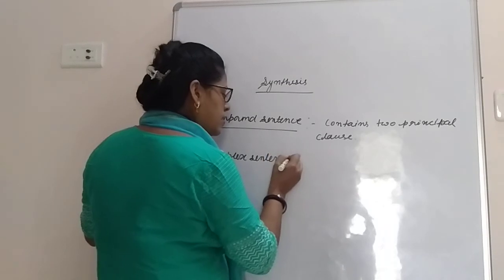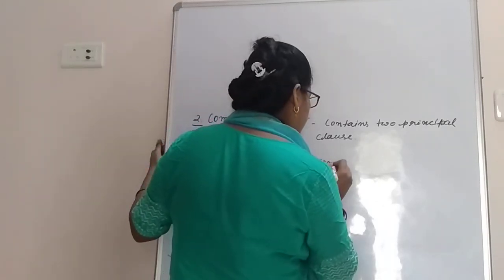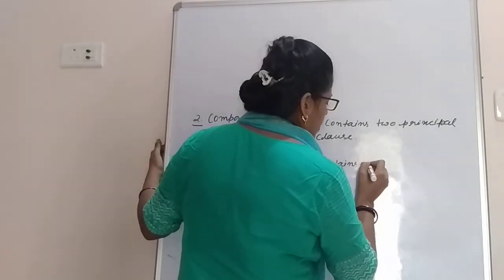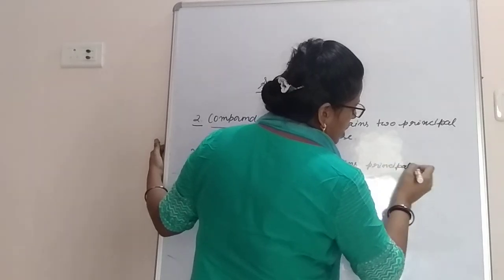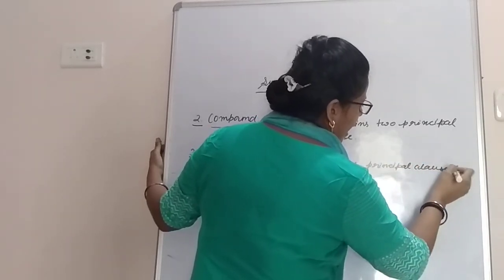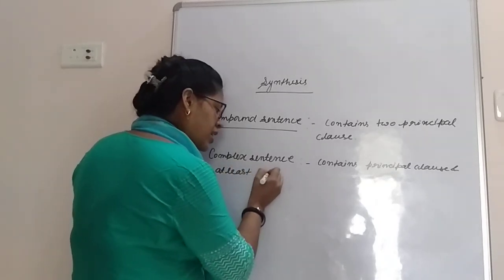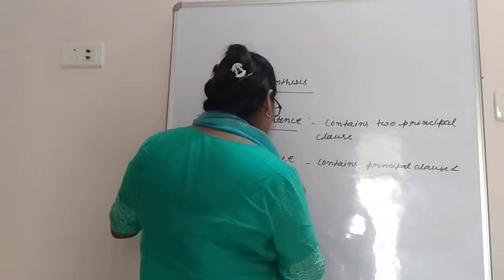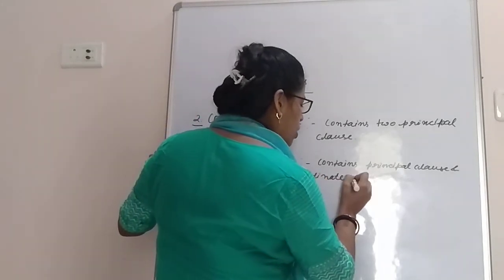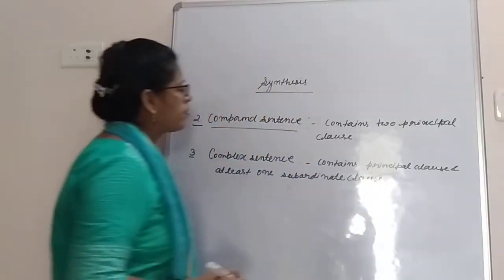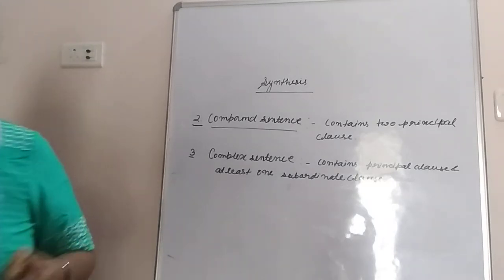Complex sentence contains principal clause, and at least one subordinate clause. Okay. So what we can take example of the compound sentence.